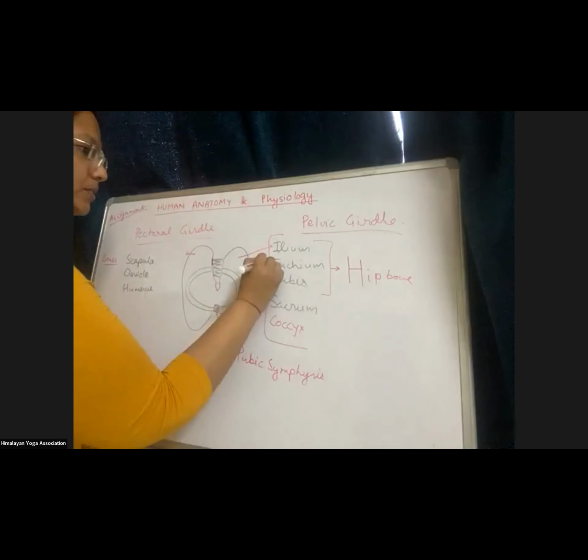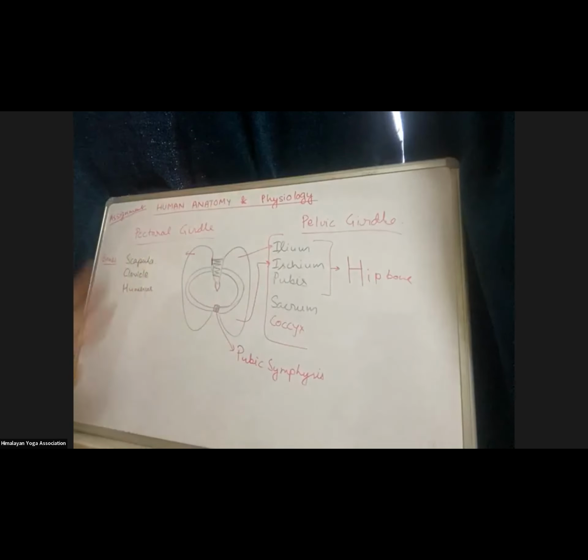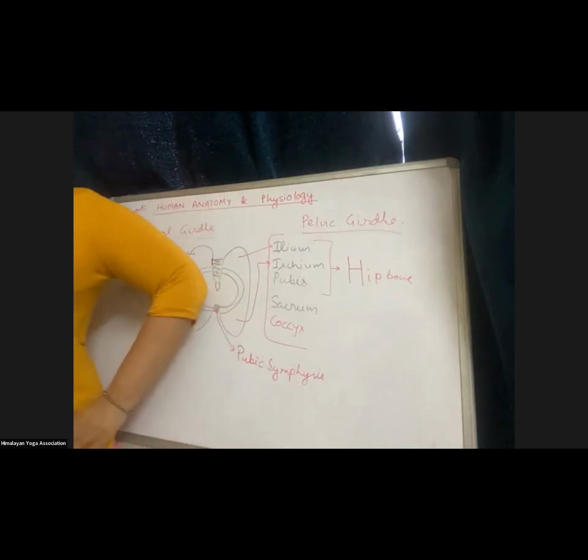This is the ischium. When you keep your hand on your hip bone here, this is the ilium, the love handle you have. When you sit on a chair, the bones that touch the chair are the ischium.